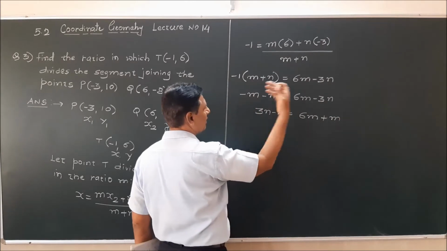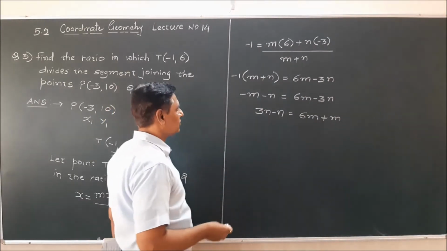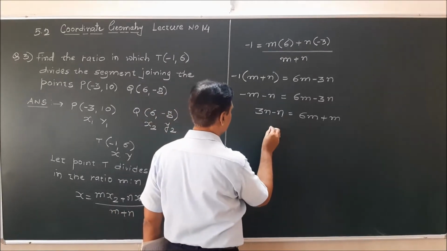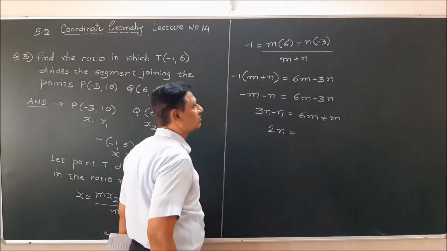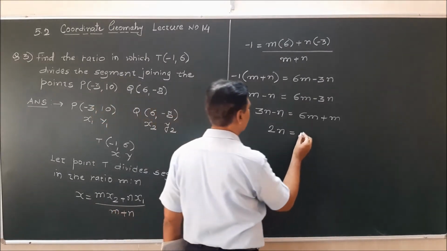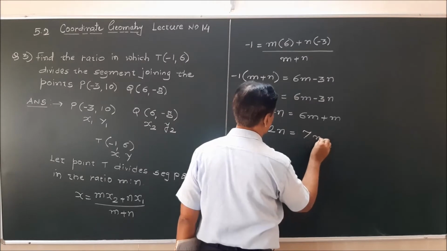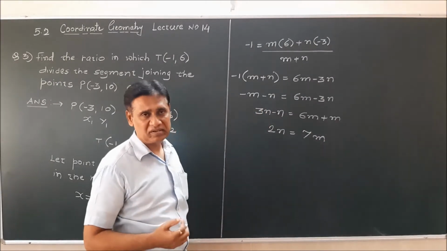Try to understand, minus m on the right hand side becomes plus m. So 3n minus n is equal to 2n, that is equal to 6m plus m, which will give you 7m.